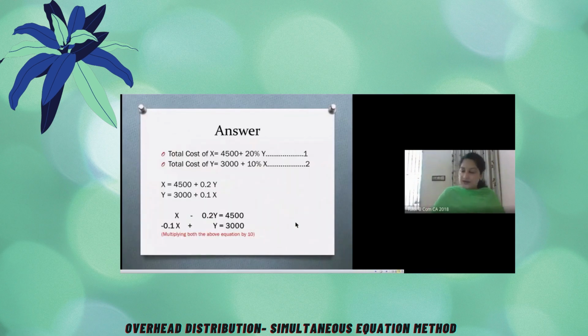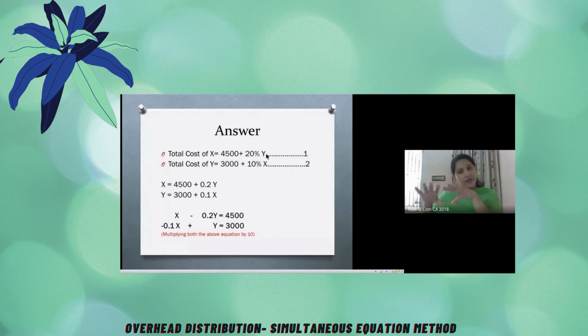See here. As I was explaining, the total cost of X is equal to 4,500 plus 20% of Y. We said that the X service department cost involves the total of the primary distribution summary plus the share of Y which is shared with X at the time of reapportionment.